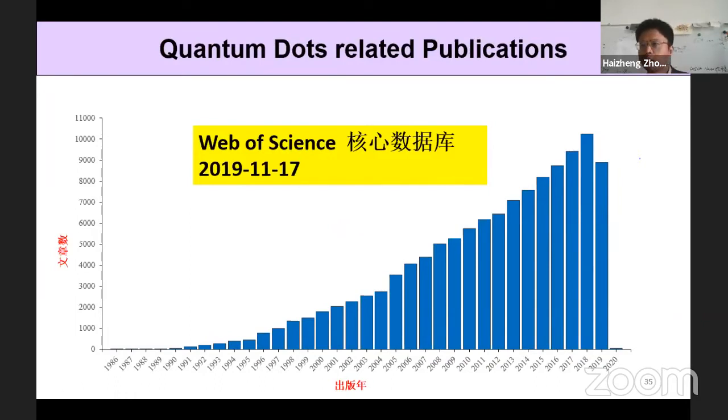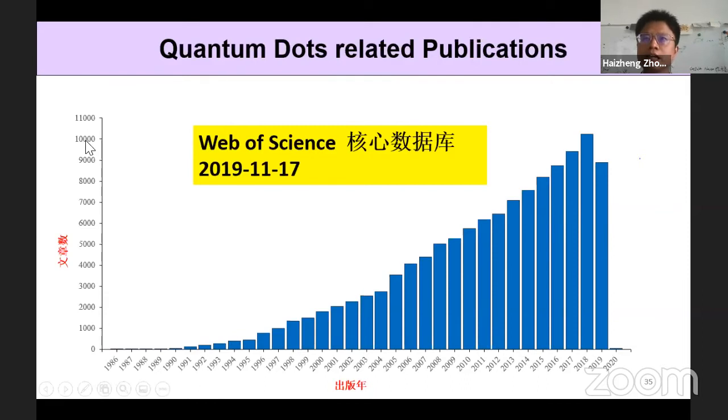So here I have a summary of the QD related publications, and even though it has been a long time, QD is still an interesting topic and is receiving increased attention.